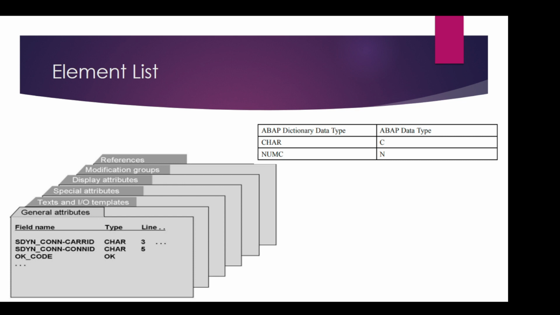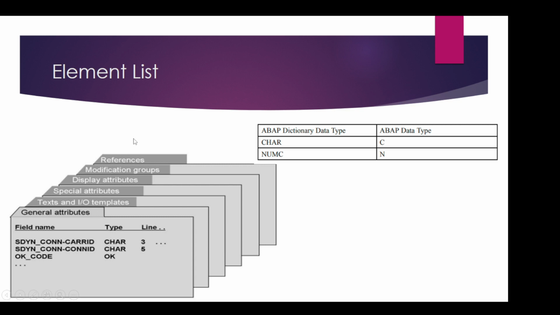Element list. Element list is the object which supports the fields of a screen, because the fields of a screen have some attributes, and for setting up the attributes of these fields we have to use the element list.